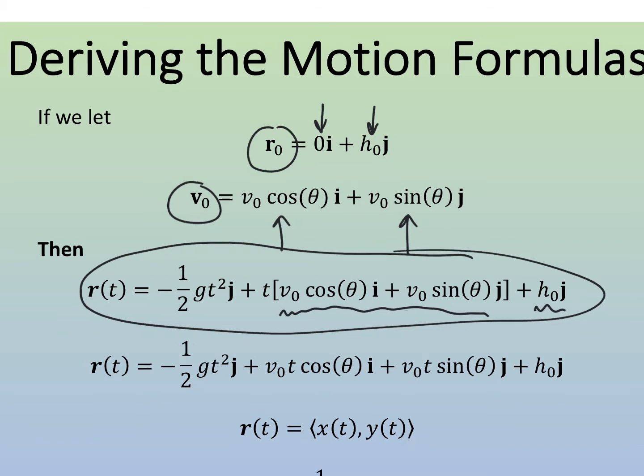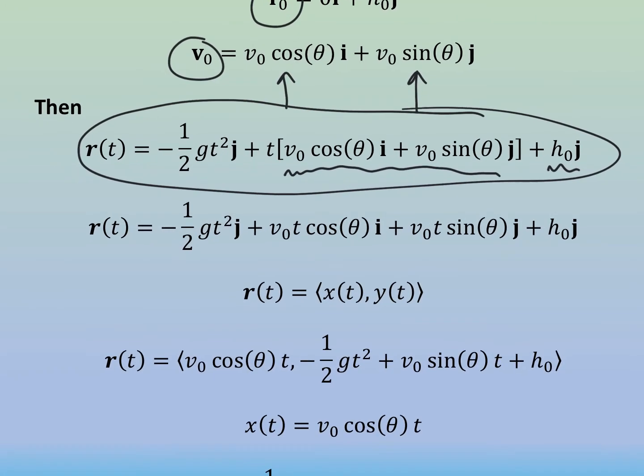Now, there is a lot going on in this equation, but with some simplification and some separation, we can see that there are some j components. These are your vertical components of our position vector, of the movement through space. And so at any given time, the j's tell us that height component, how high we are above the ground. And then the i component tells us how far we've gone in that x direction.